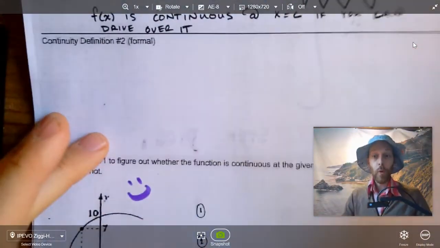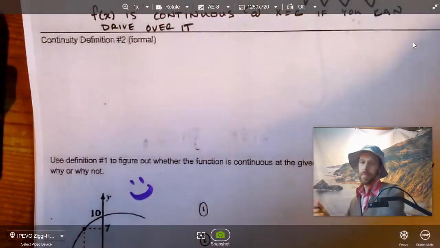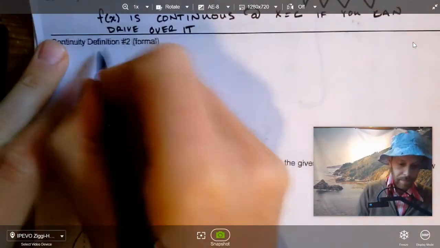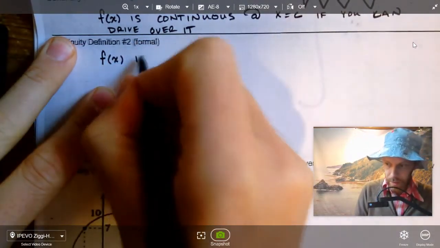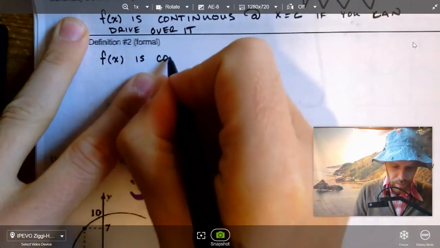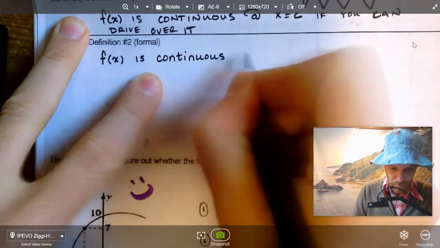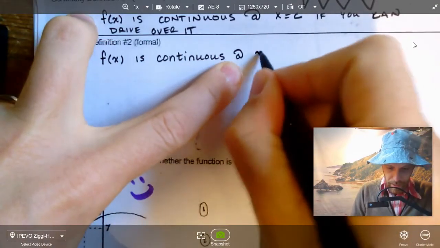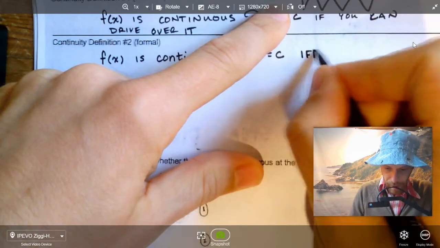we need a more formal definition of what continuity means. So let me give you one. In math, we say that a function is continuous at a point IFF.